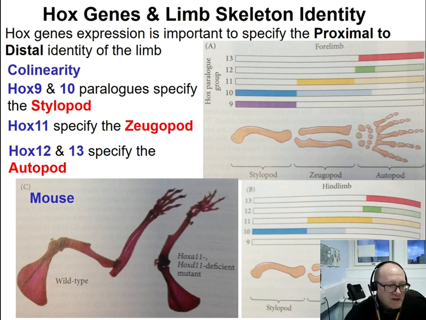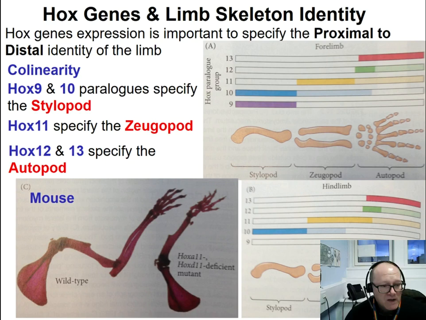On the right-hand side, we have the forelimb of a mutant, a HOX11 mutation. So in this animal, we do not have expression of HOX11, or we have very little expression of HOX11. And what we find is that the scapula more or less is normal. The stylopod, more or less, is normal, but the zygopod, where HOX11 is supposed to be expressed, is very much reduced.